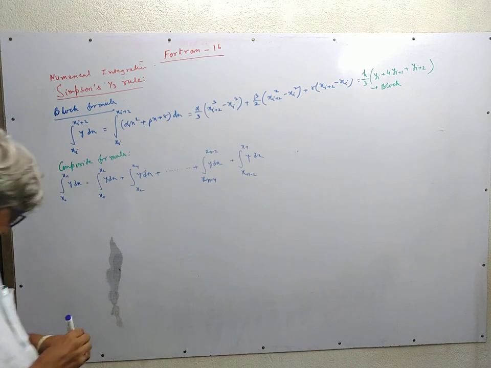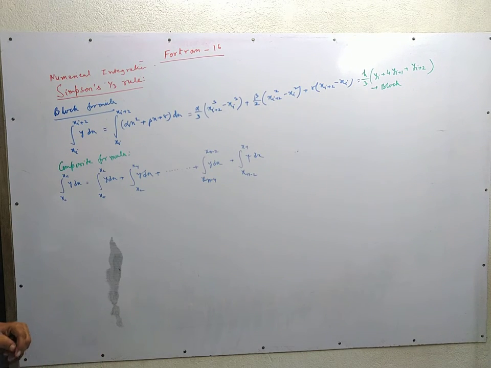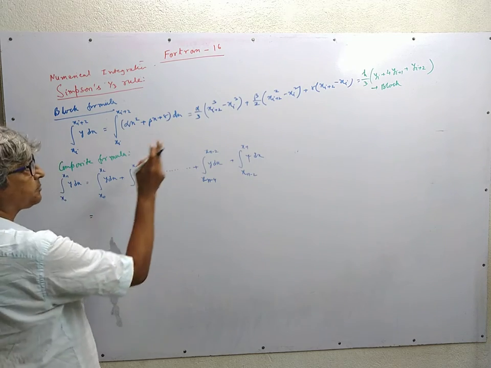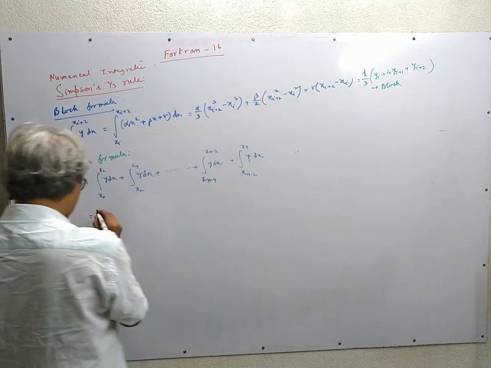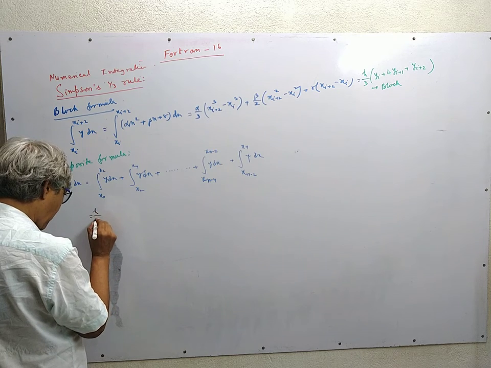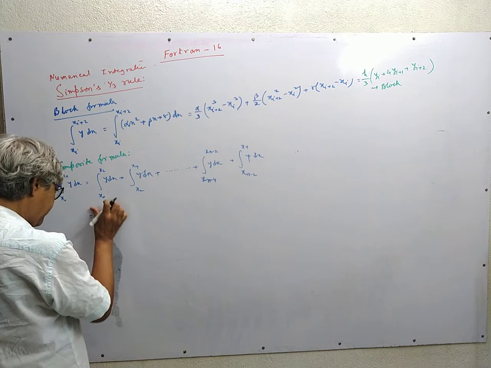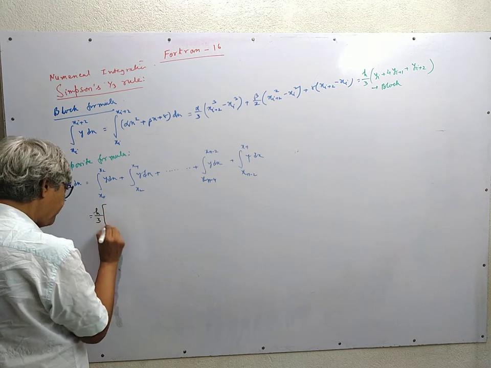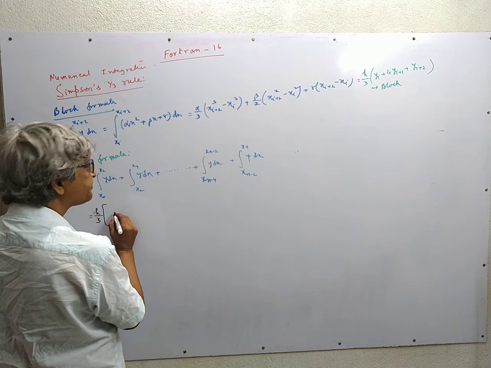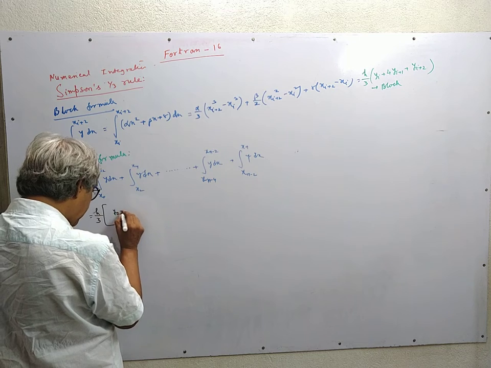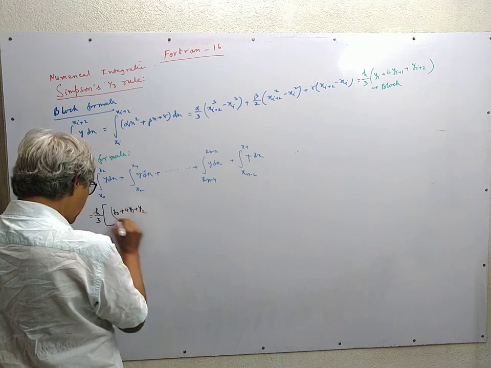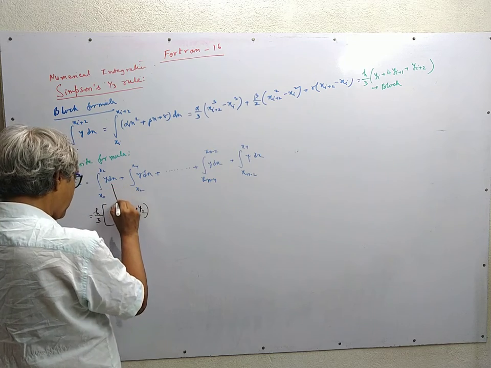Now if we write each term explicitly, we get h by 3 common, so we take h by 3 common from all these terms. Then from this, it is y0 plus 4y1 plus y2. This is for this block.